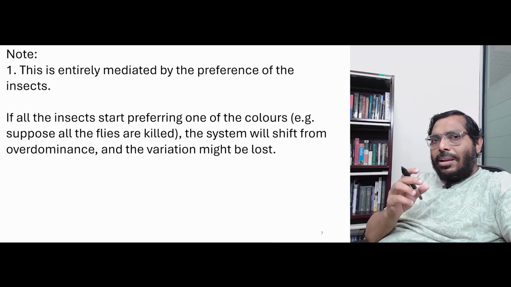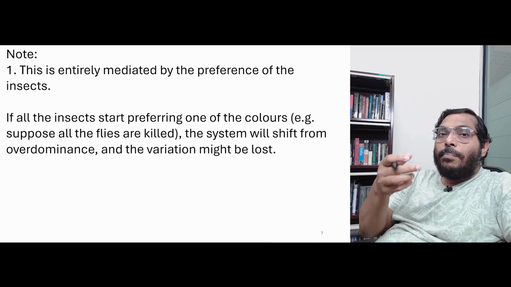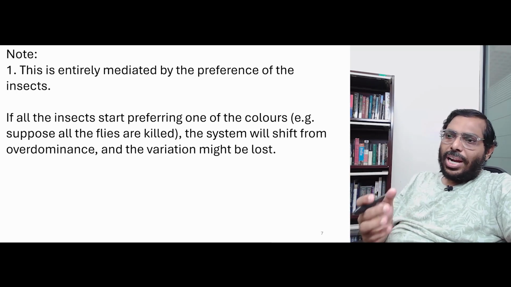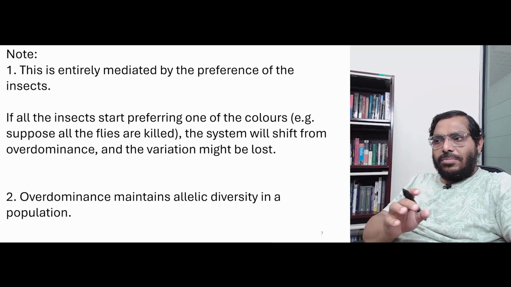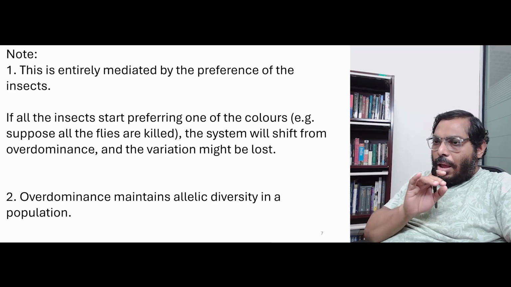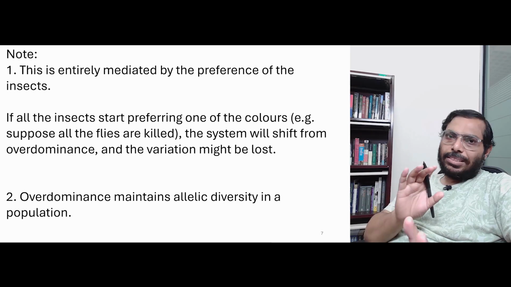Then the allele which is leading to the black form in the homozygous form is going to be preferred, and therefore, the variation from the population will get lost. So, the basic points that I am trying to make over here are two. One, overdominance maintains allelic diversity in a population, we already saw that. The second point is that the entire stuff is context specific.